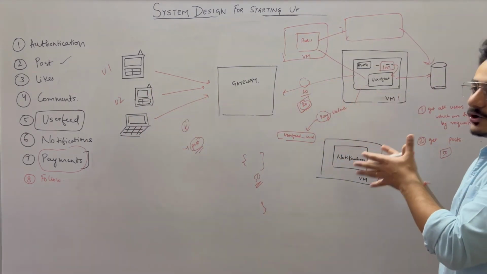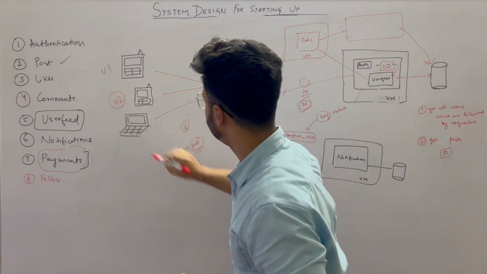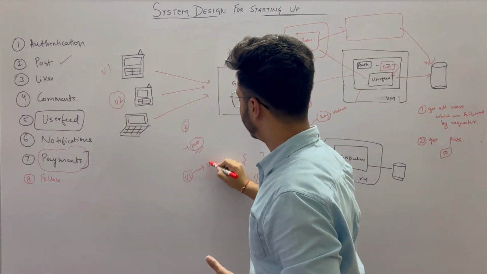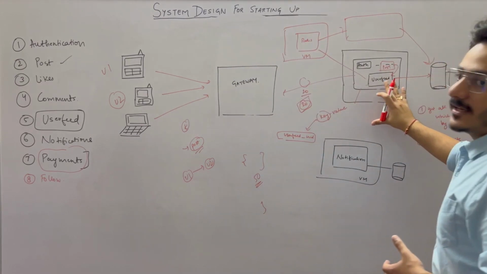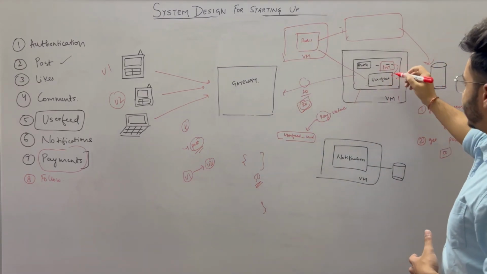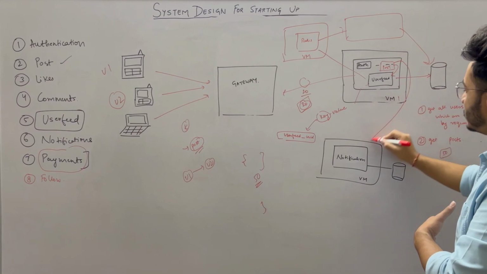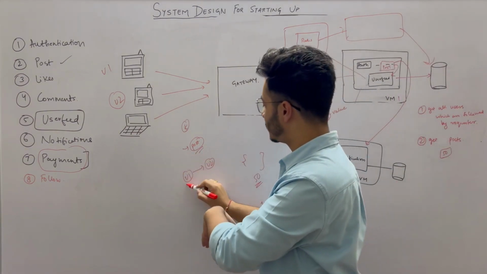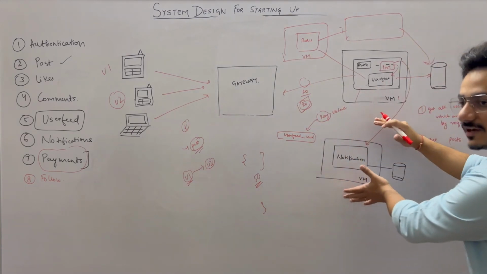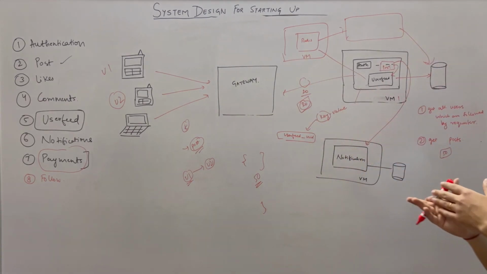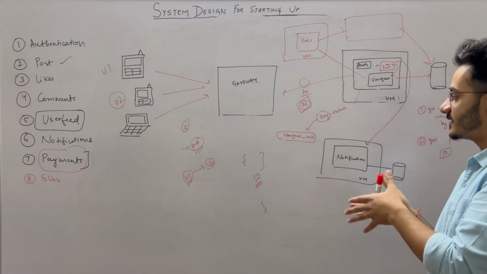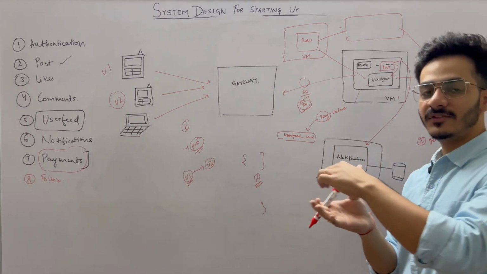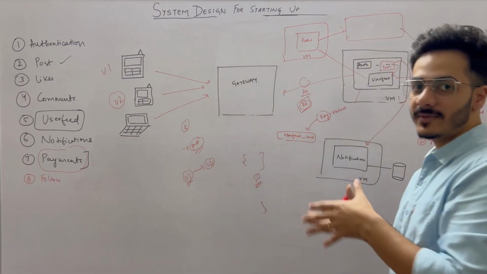So whoever follows user 2, suppose user 1 follows user 2, it will notify the user feed as well, and also the notification service to send the notification to this user 1. This part we have already covered: if there are few followers, then we can use a push mechanism, and if there are a lot of users, then we can use a pull mechanism.